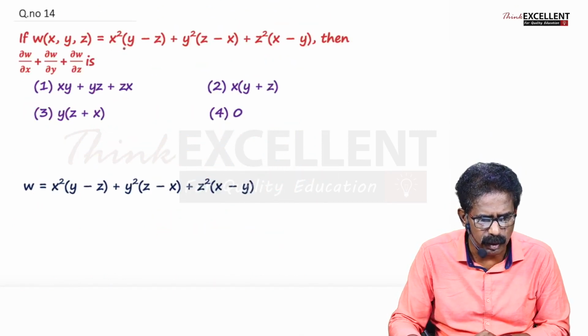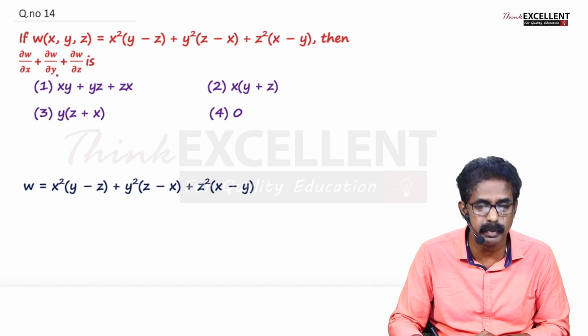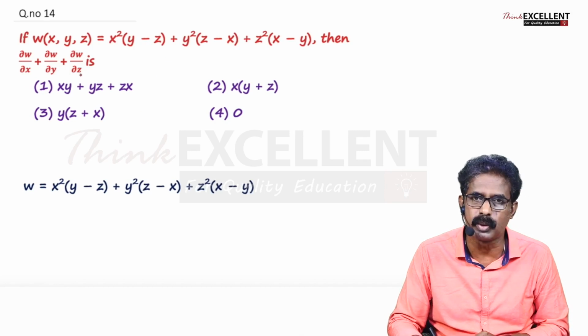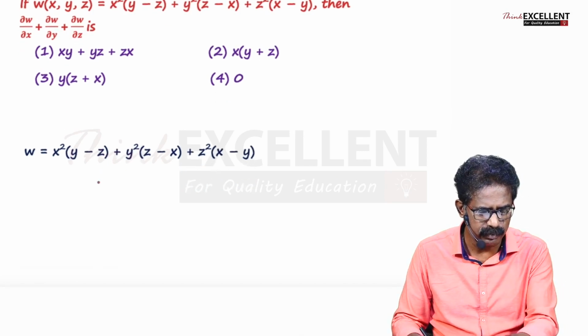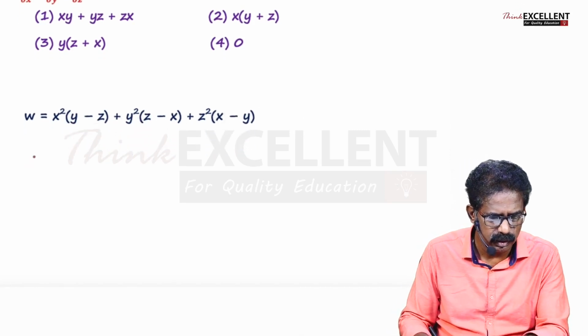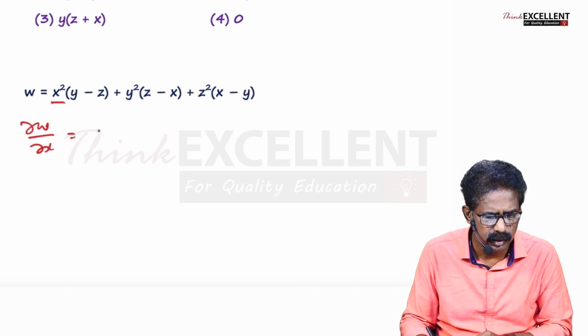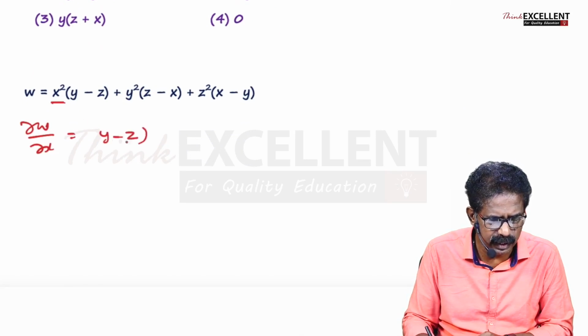W equals one function given, then find dou w by dou x plus dou w by dou y plus dou w by dou z. You find one term, then cyclically can rotate because it is a symmetric function. So you find dou w by dou x. First term x is there, so y minus z is a constant, x square derivative 2x.